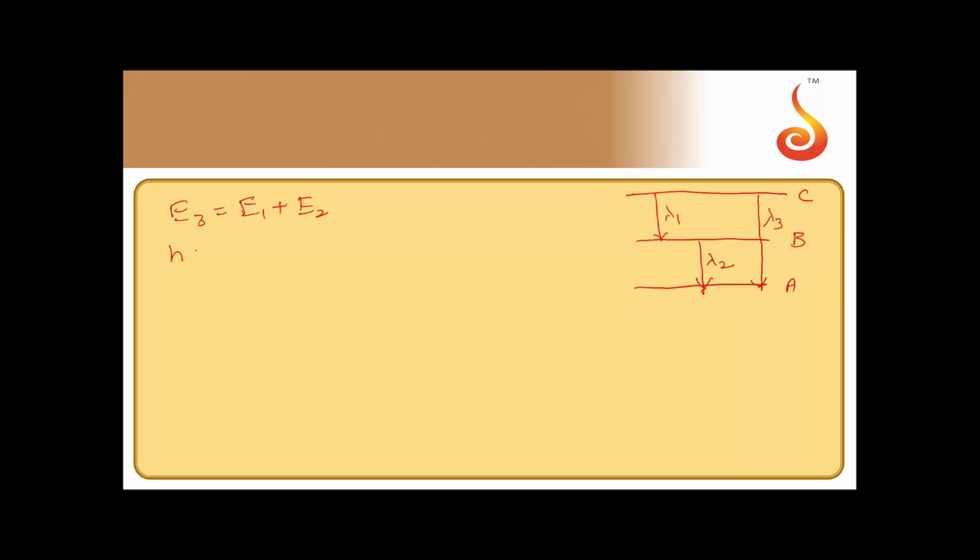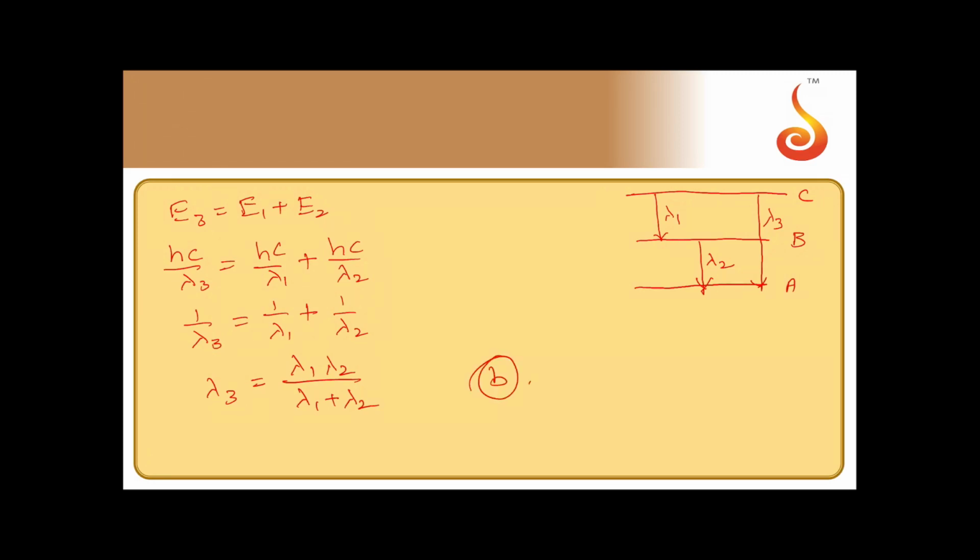So substitute for E1, E2 and E3, hc by lambda 3 should be equal to hc by lambda 1 plus hc by lambda 2. So 1 by lambda 3 is equal to 1 by lambda 1 plus 1 by lambda 2. So I'll get lambda 3 is equal to lambda 1 lambda 2 divided by lambda 1 plus lambda 2. That is option B.